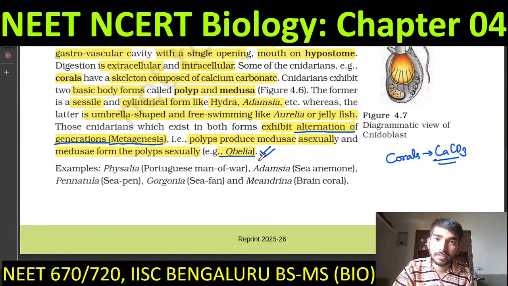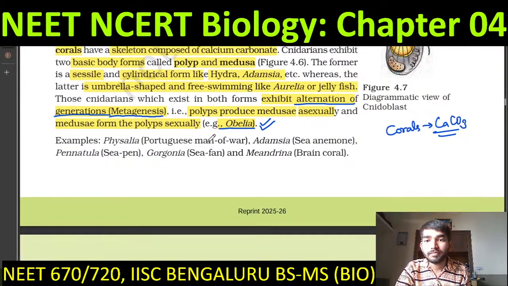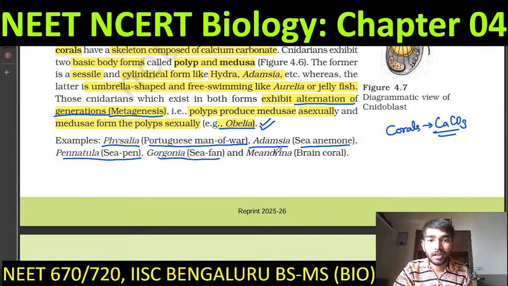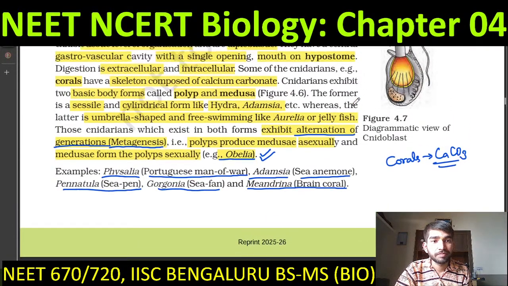which is a member of Cnidarians or Coelenterates. Example here is very simple: Physalia, which is Portuguese man of war. Just remember it because this is a common name. You can't do anything. Adamsia is the sea anemone. Pennatula, which is the sea pen. Gorgonia is the sea fan, and Meandrina, which is the brain coral. So different kinds of corals, hydra, jellyfish, all these belong to coelenterates or cnidarians. Very easy to remember.